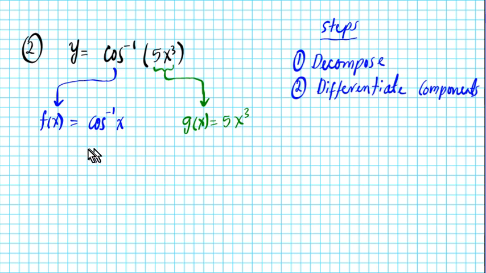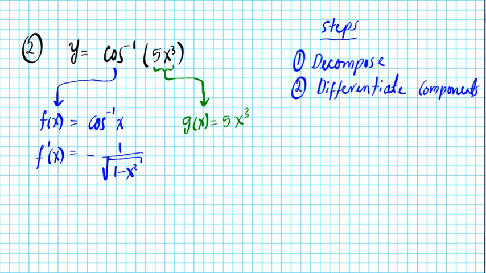That's what we are going to do next. So you find f prime of x. The derivative of the inverse cosine of x is negative 1 over the square root of 1 minus x squared.